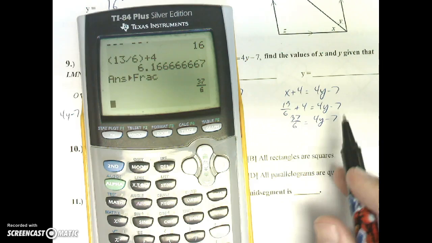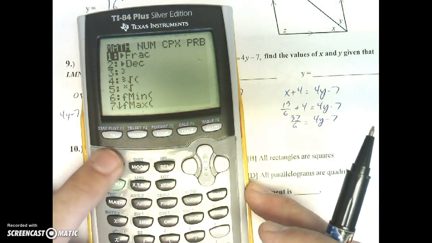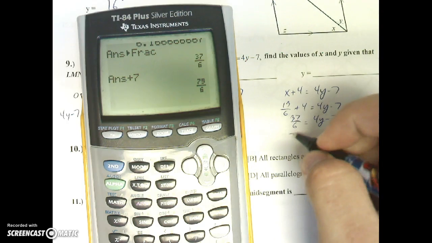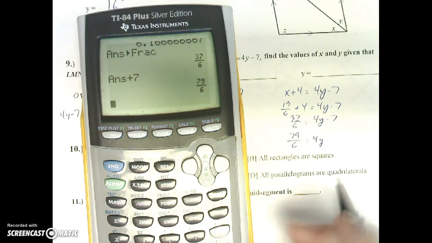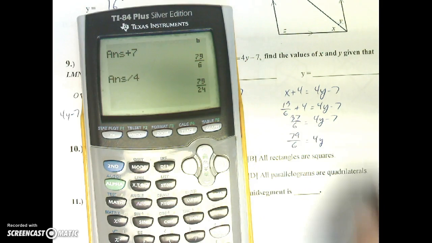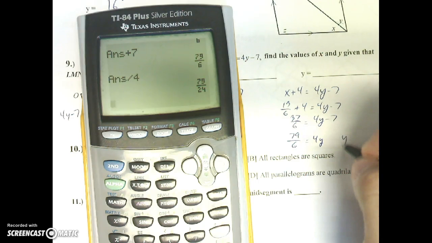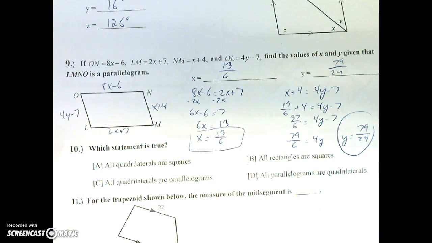I'm going to add 7 over to this. So 79 over 6 equals 4y. And then last thing, I'm going to divide both sides by 4. 79 over 24. Awesome.